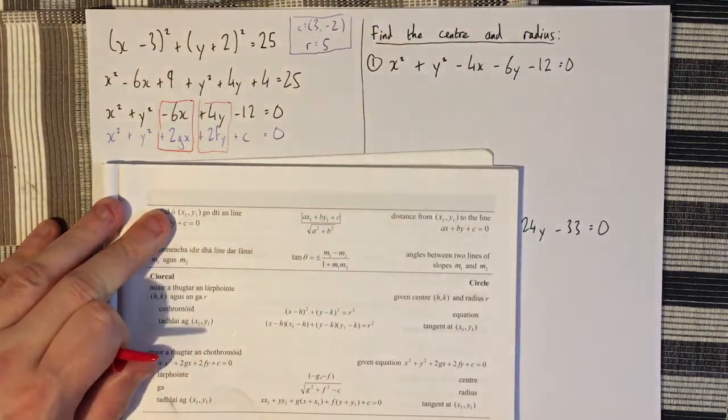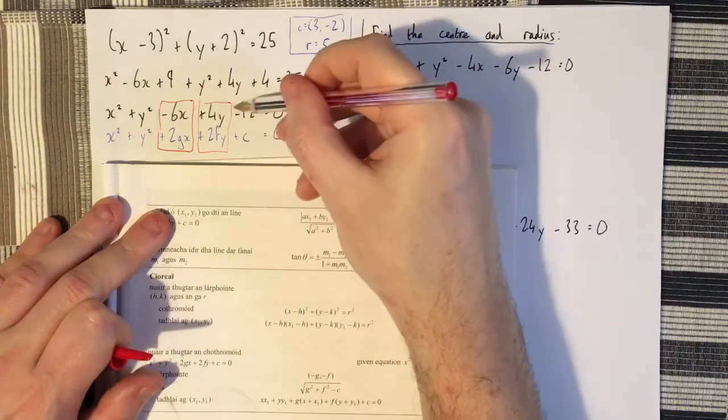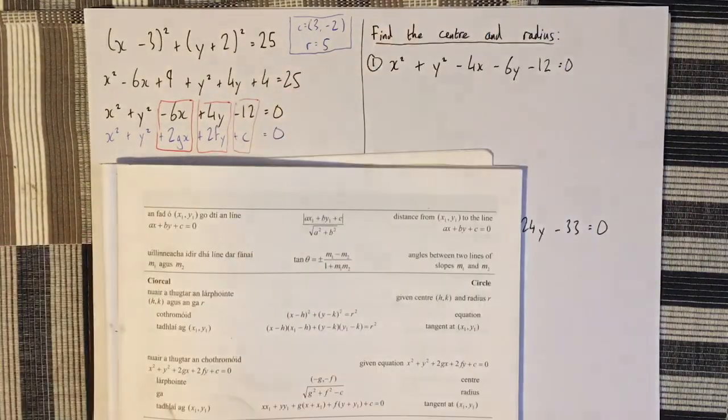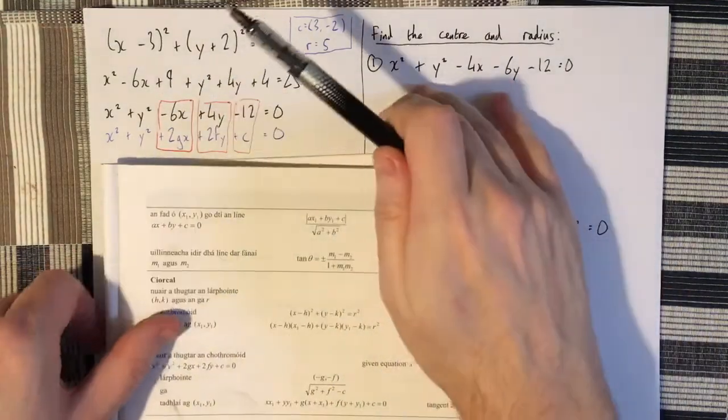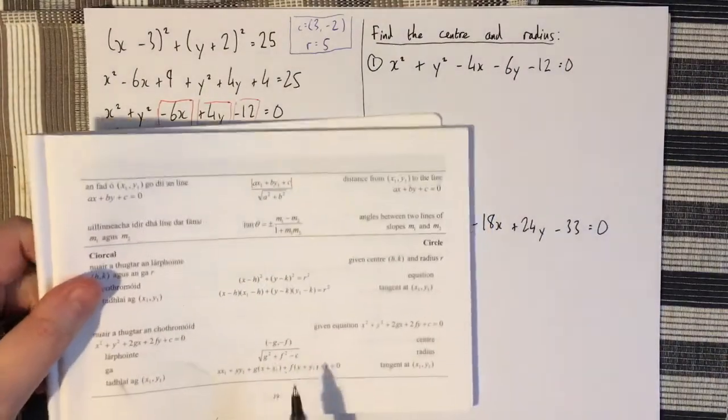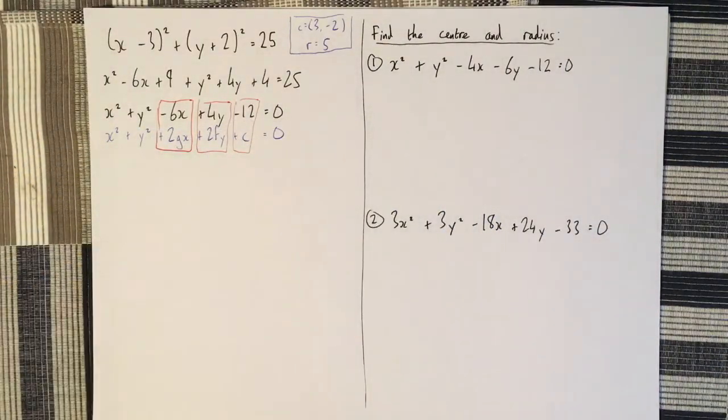These terms, that's where I'm going to get my f from. My c is straightforward enough. So first thing to do is just work out g and work out f. You'll see then that the center is (minus g, minus f). So what I would say here is just do everything very much step by step. Don't try and skip steps here and jump forward and look ahead to what the answer will be.